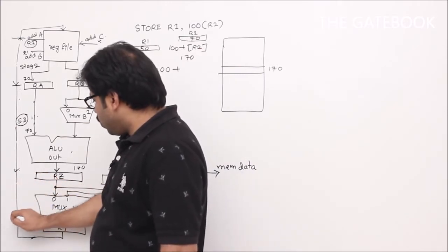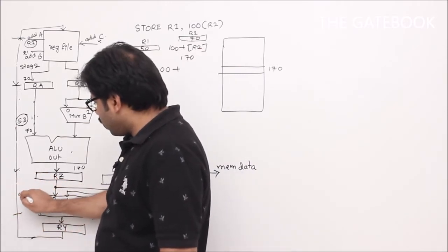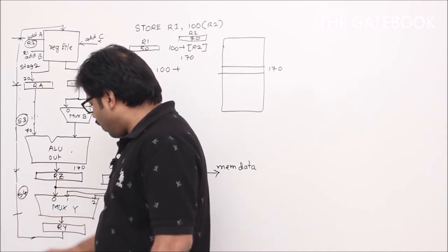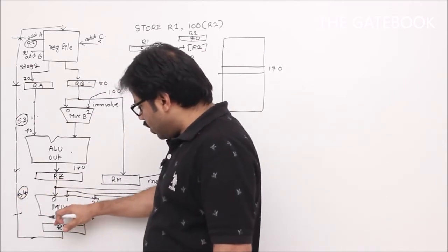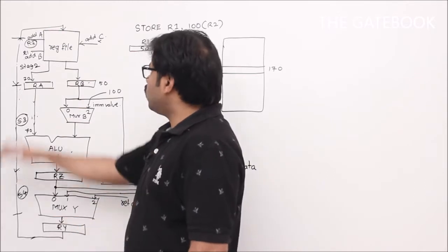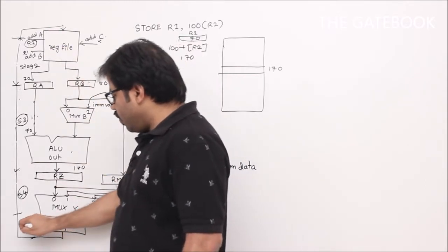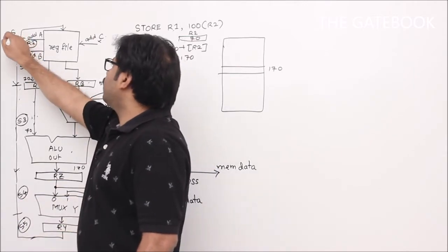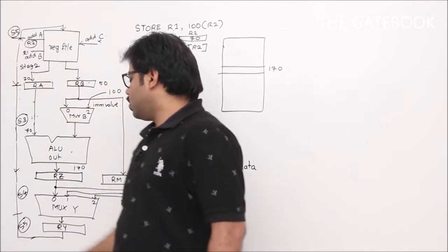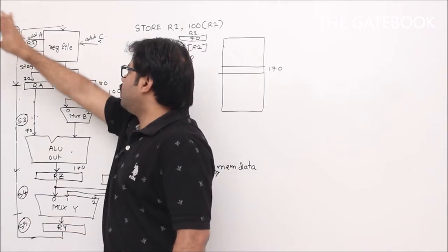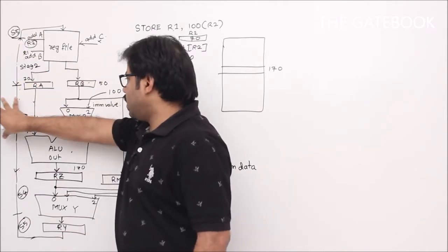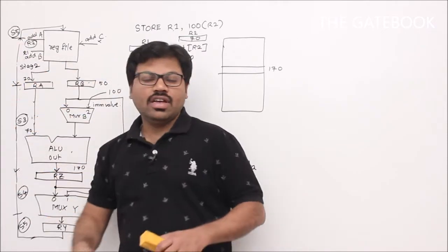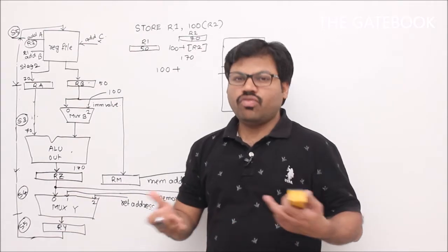So let us divide up to this point as stage 4. We know that. Now after that, the result that comes from this RY will be stored back to the register. That will be in stage 5. So here to here is stage 5. This is stage 2, this is stage 3, this is stage 4. In that way, we can systematically divide our work into 5 stages.